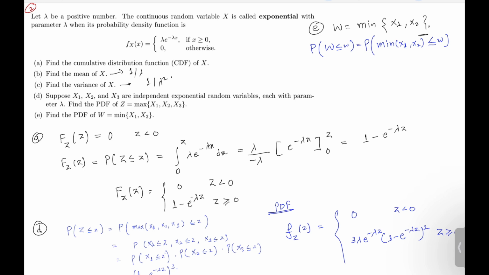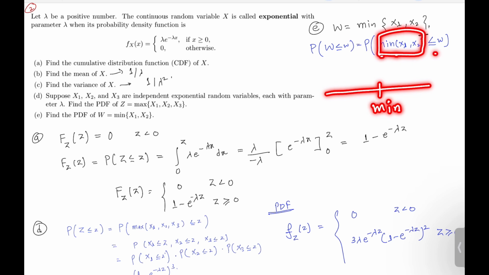Now, can we say that if min of X1, X2 is less than w, then each one will be less than w? No, each one will not be less than w. This function returns the minimum value, so the minimum will be somewhere around here, and whatever minimum we get will be less than w.